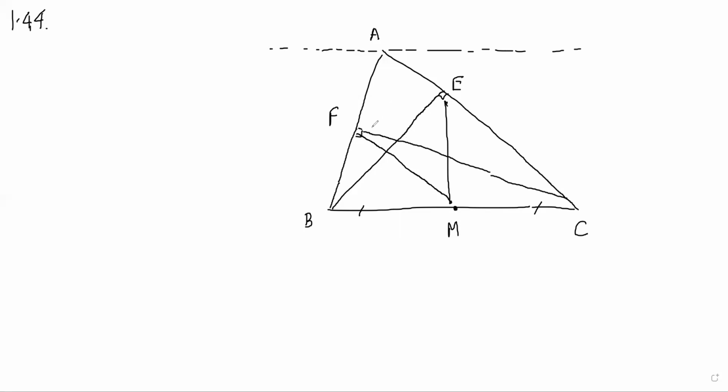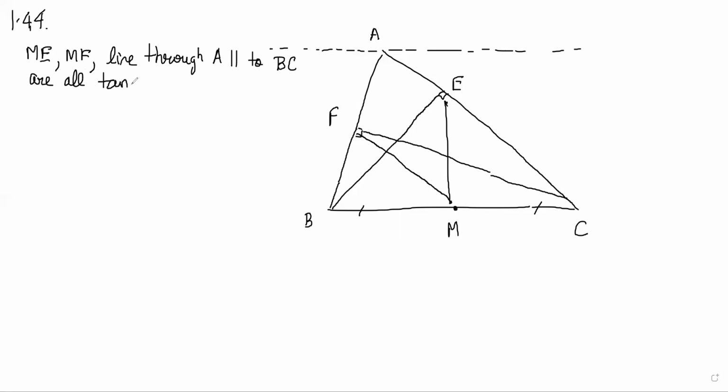Okay. So we have to show that ME, MF, and line through A parallel to BC are all tangent to circumcircle of AEF.